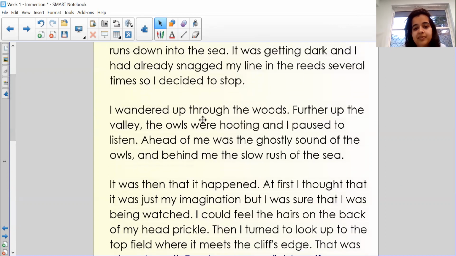I wandered up the woods, further up the owls were hooting, and I paused to, ahead of me was the sound of the, and behind me the slow rush of the.